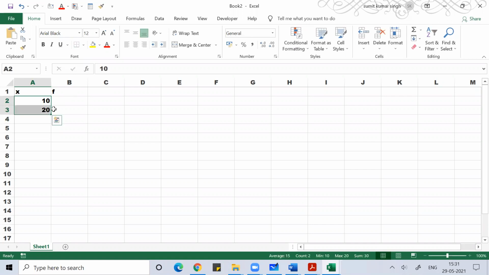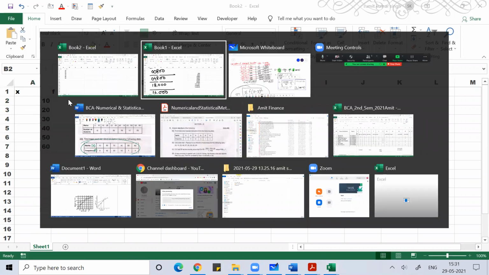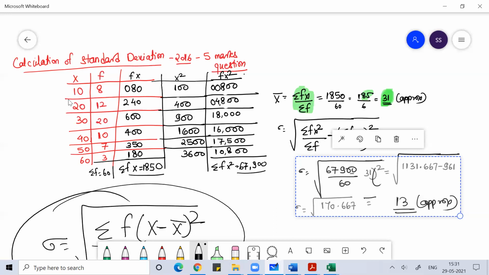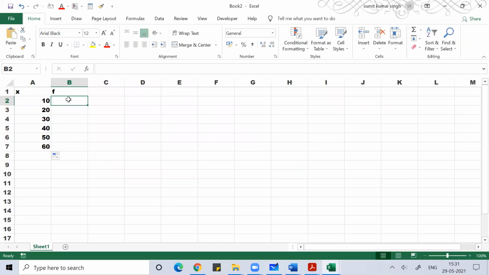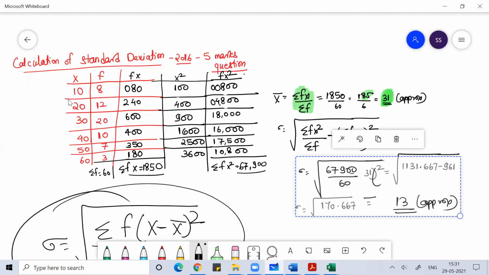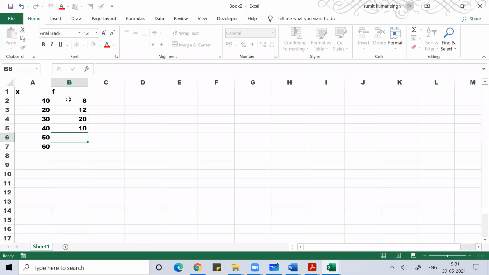Just select and drag it, you don't have to type that. Frequency is 8, 12, 20, 10, 7, 3.